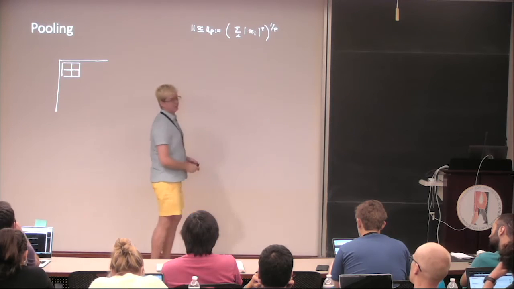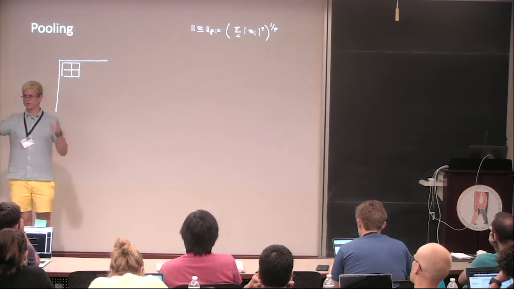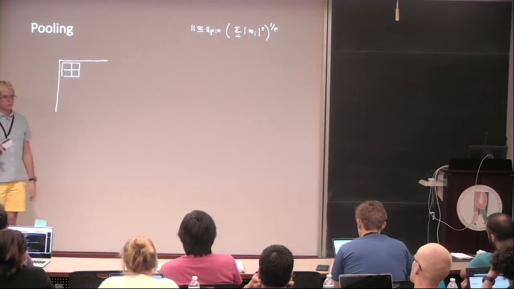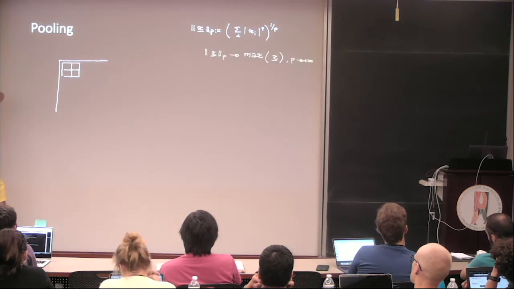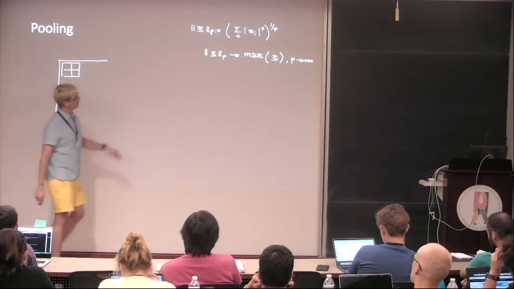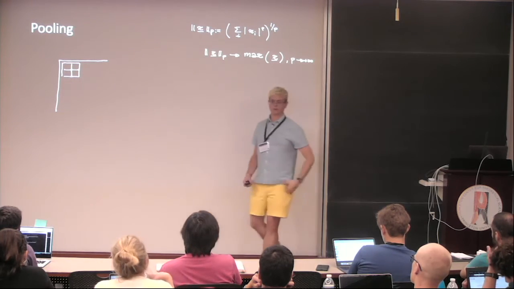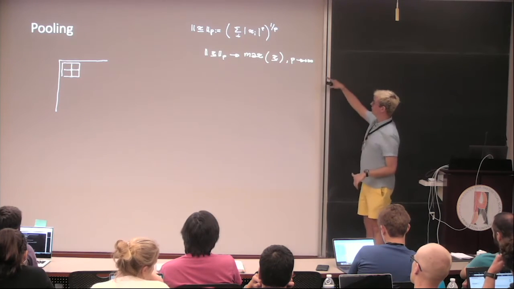If you have the Euclidean norm, you just have the number 2 there, so you have the square root of the summation of the squares of the items. If you have the 1 norm, you just have the summation of the absolute values. If p goes to infinity, then you basically have the max.